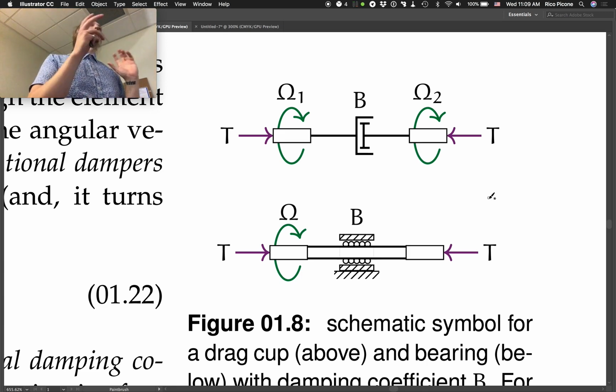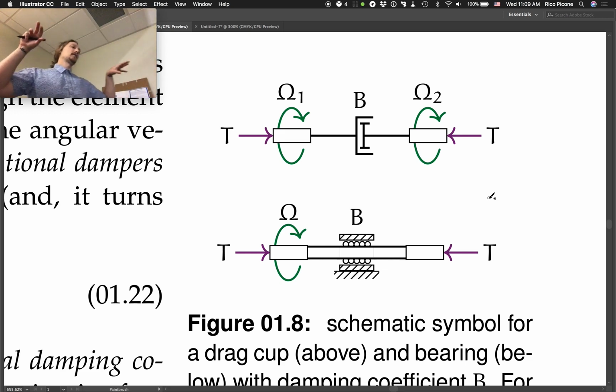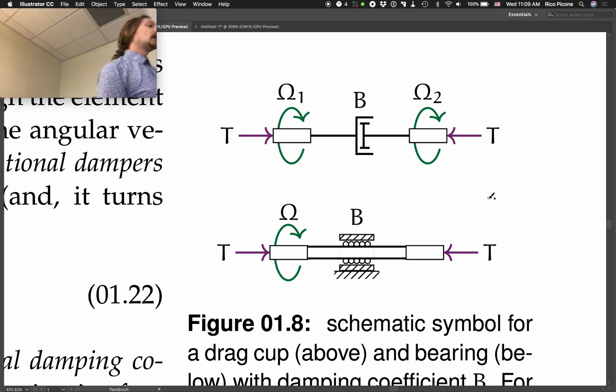It's a flexible coupler, but there's another way to couple two shafts together, and that's with a drag cup that transmits torque in proportion to the velocity across the two shafts. So it's a different way to transmit torque.